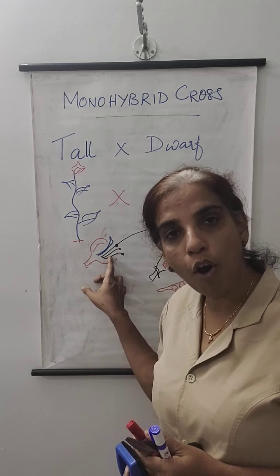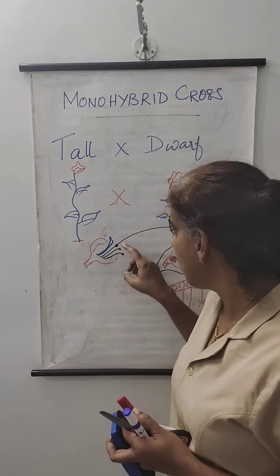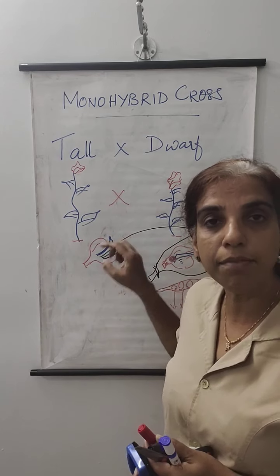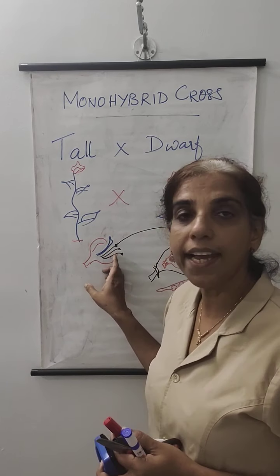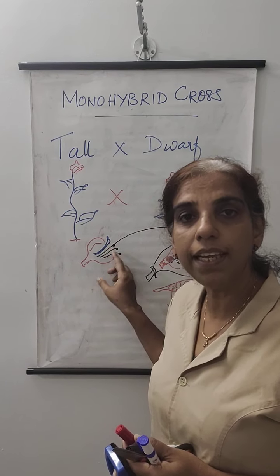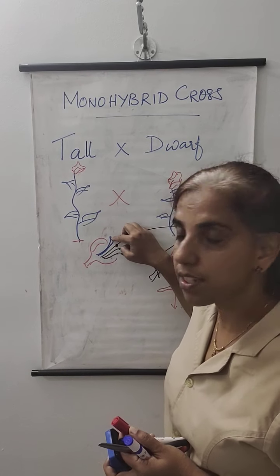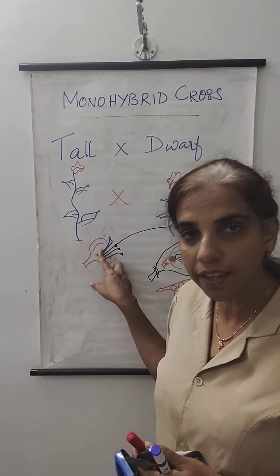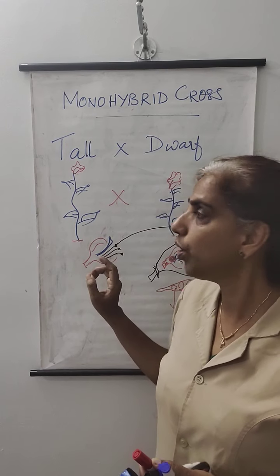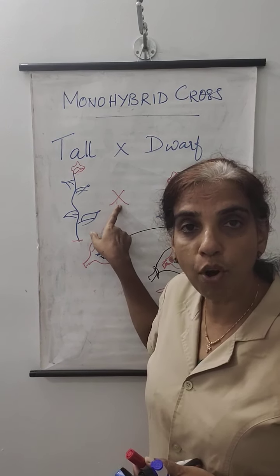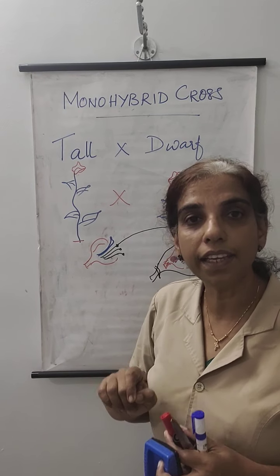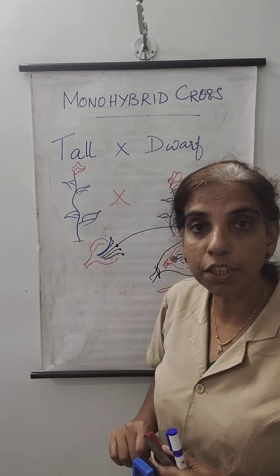It will be pollinated by itself, because the pollen grains and the stigma are positioned side by side. So automatically it can fall on the stigma, or even by other agencies it will be pollinated. So you can see that cross-pollination and self-pollination are both done in Mendel's monohybrid cross.